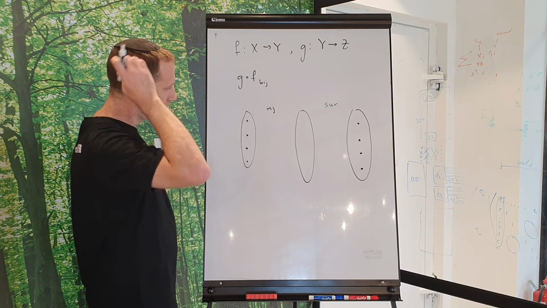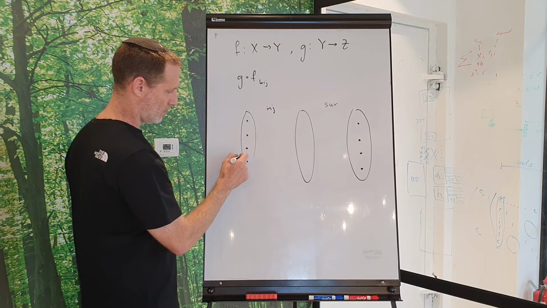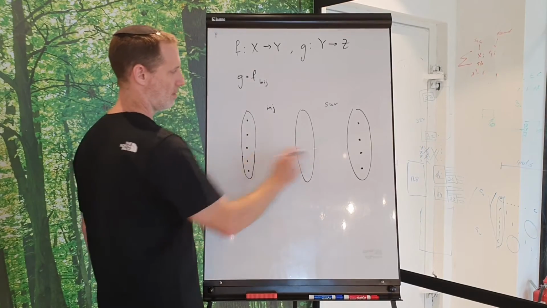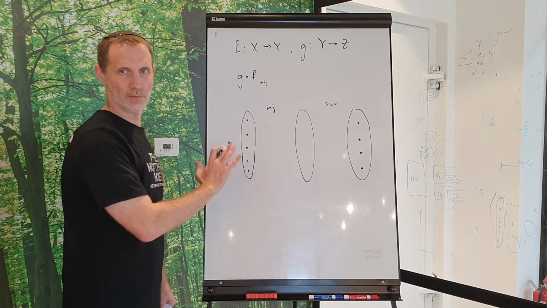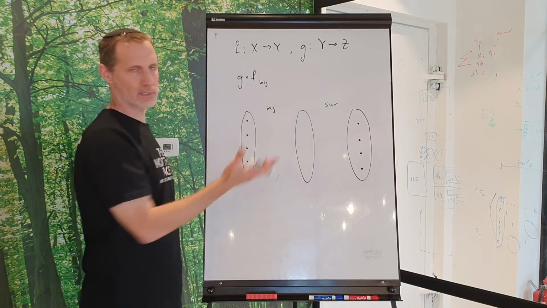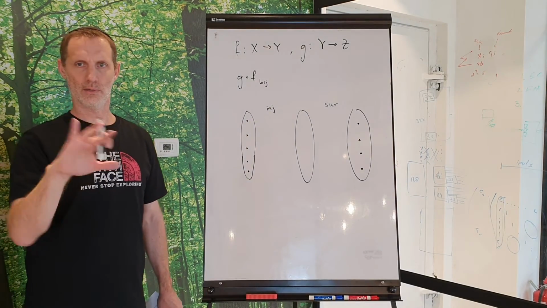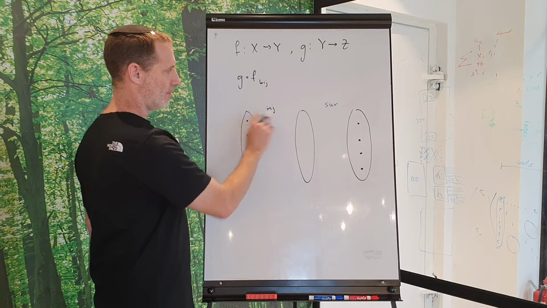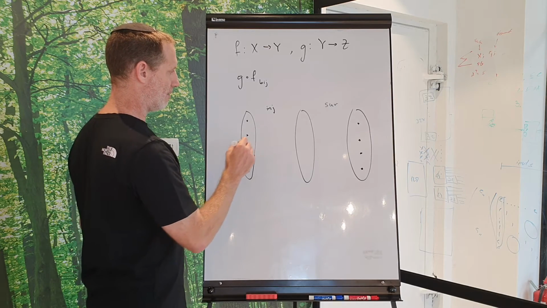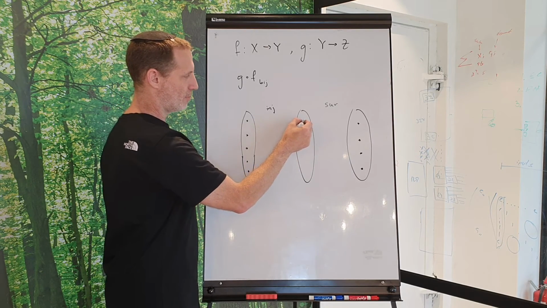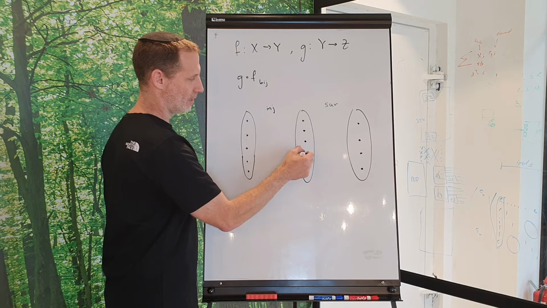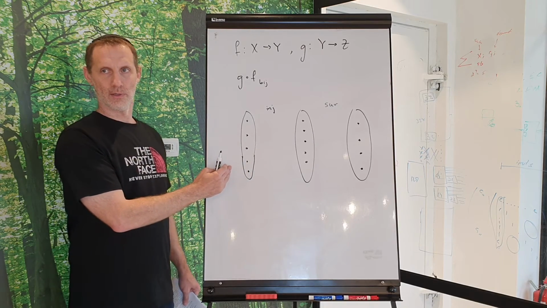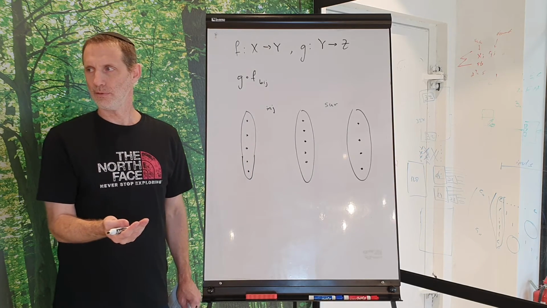Let's take, for example, something like this. If we can't match these sizes, then obviously it's not bijective, so we can't invert it. If this is injective, this means that we've covered at least 5 points in the middle. There can be more, but at least the size of the input, because it's injective.